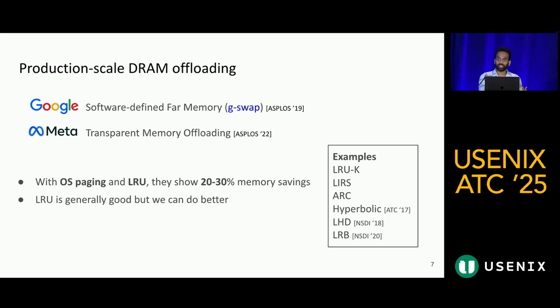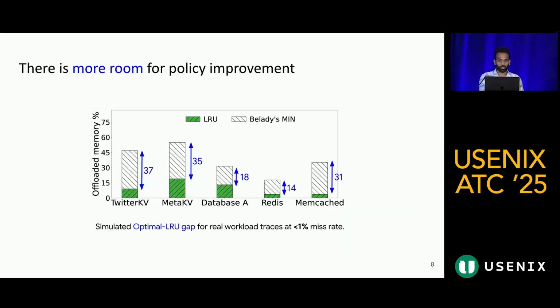In fact, there are a ton of examples in literature in various caching contexts where folks have designed different policies that beat LRU for specific workloads.